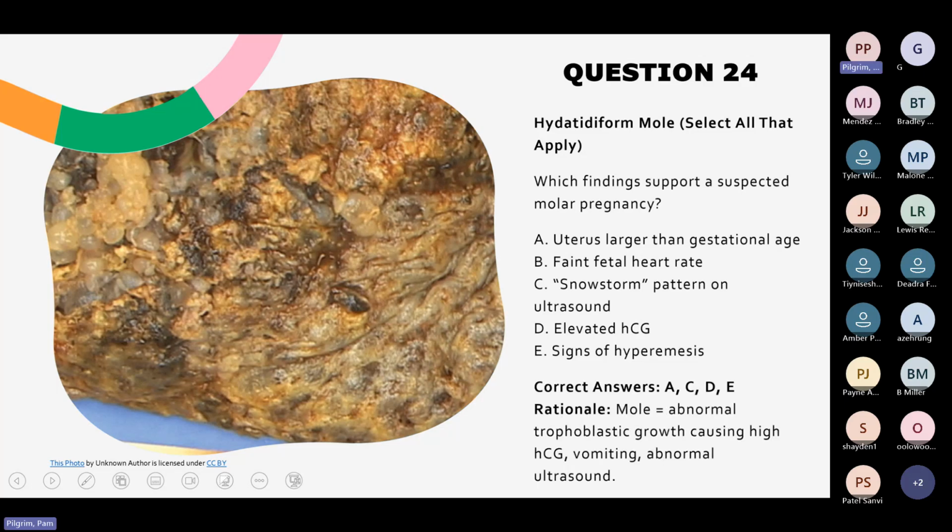So the answer is A, C, D, and E. So a larger than gestational age uterus, snowstorm pattern on the ultrasound, elevated HCG, and signs of hyperemesis. So the mole is an abnormal trophoblastic growth causing high HCG, vomiting, and abnormal ultrasounds.